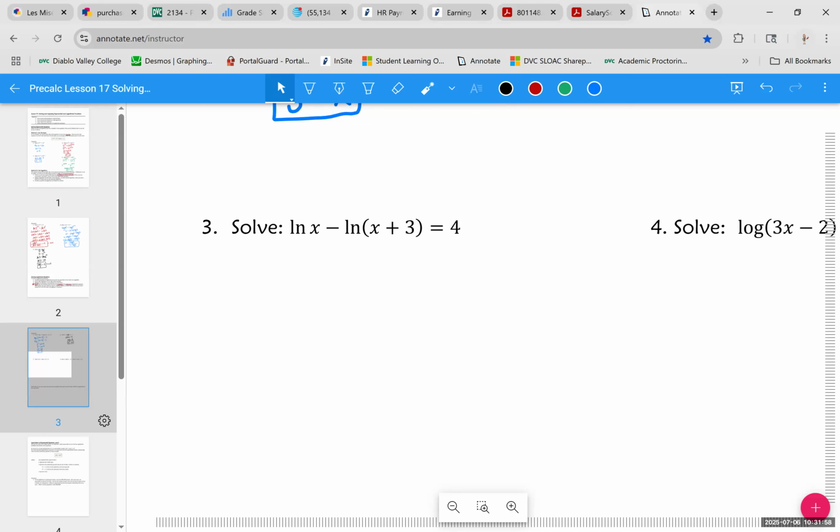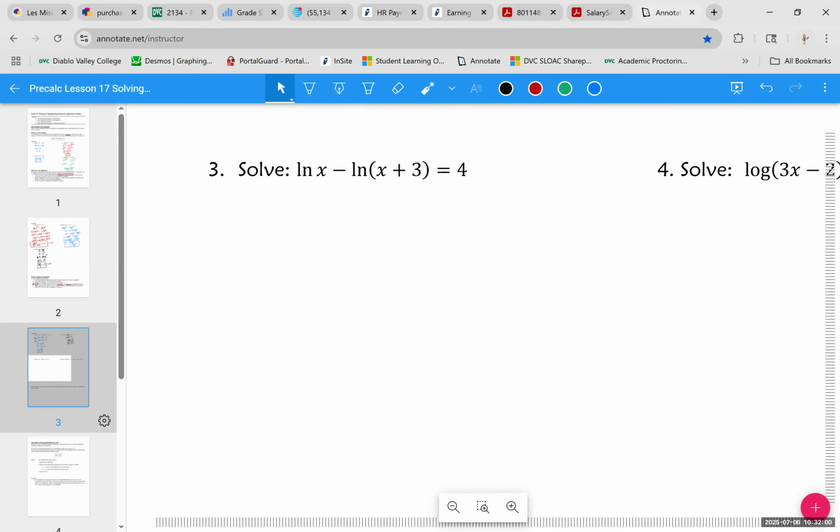All right, continuing on, I have another ln, but this time there are 2 being subtracted. So I'm going to use my properties of logs to condense that into one logarithm. Rewriting in exponential form would give me e to the 4th equals.